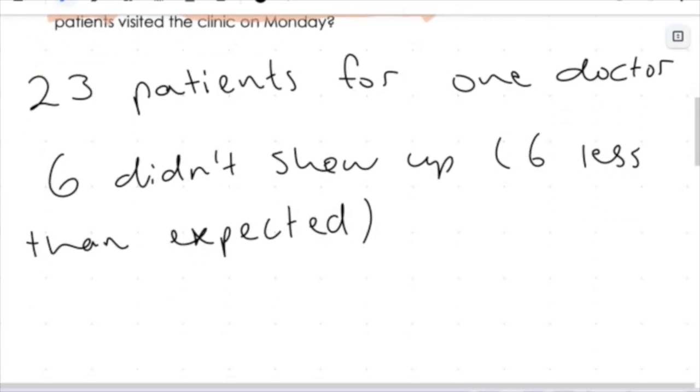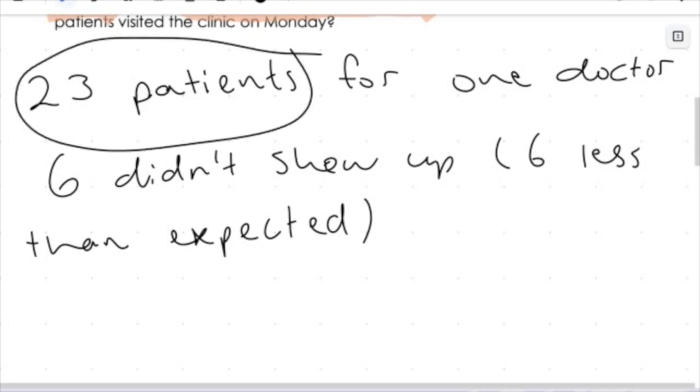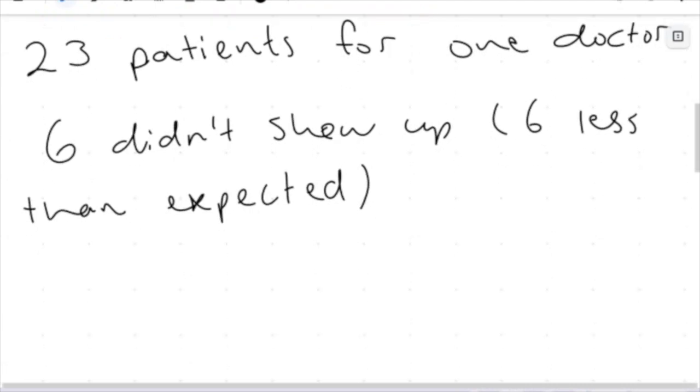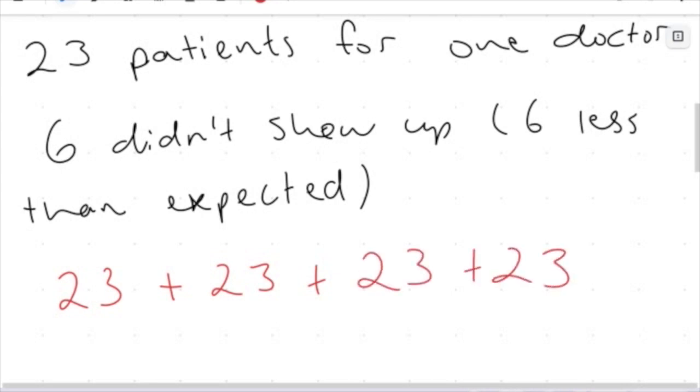Well, we can think of this in terms of our mathematical operations. We have a group of 23 patients for 1 doctor. So if we have 4 doctors, that means that we have 23 patients and another 23 patients and another 23 patients and another 23 patients.